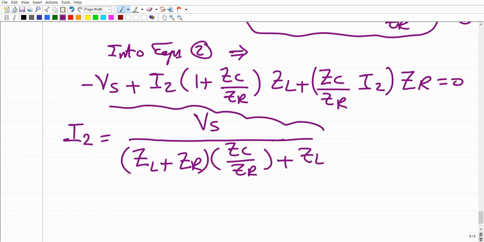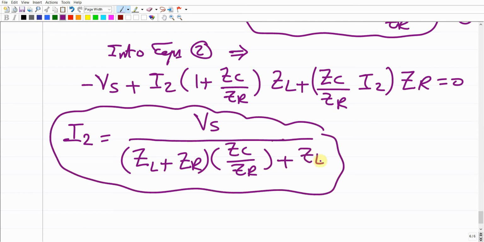So this is going to give us the I2. Simply, we already have everything except I2. We have VS, ZR, ZC, and ZL. So we can plug these values in, in addition to the VS, to end up with the I2. But to substitute with these values, we have to do some arithmetic work over the complex numbers.